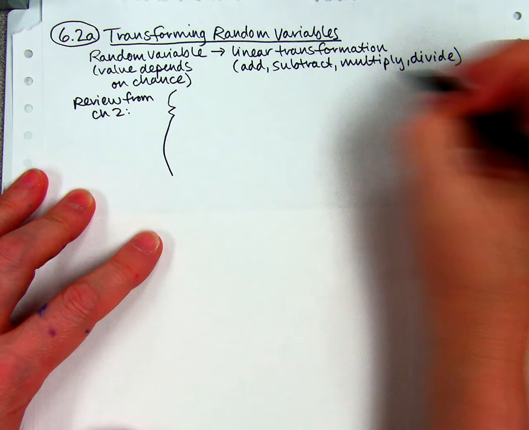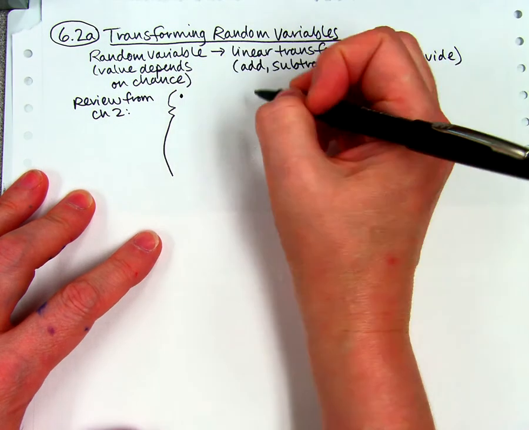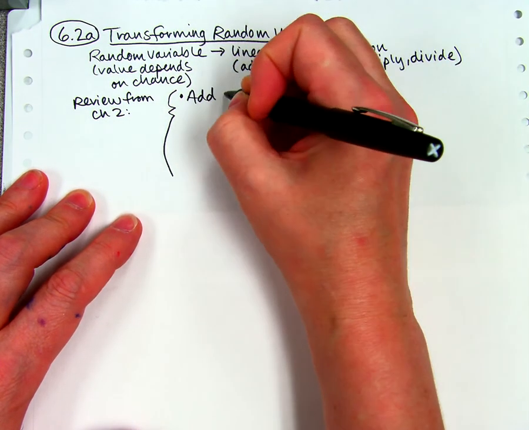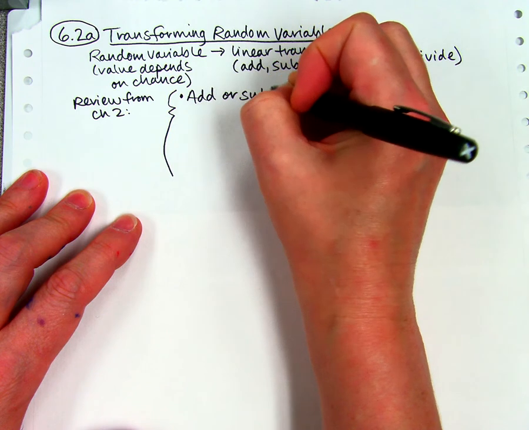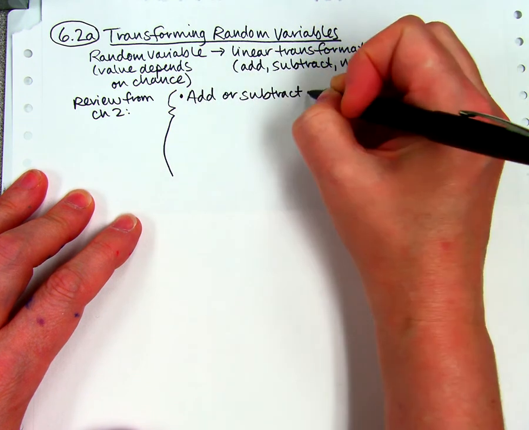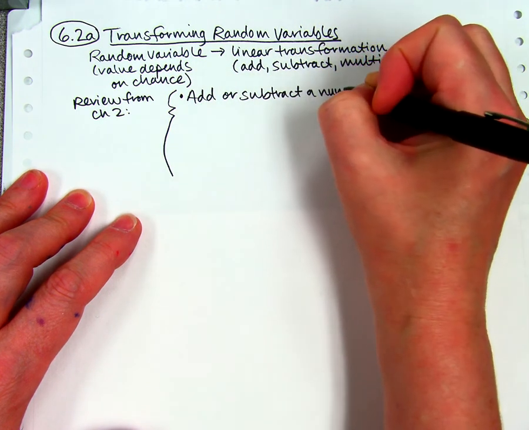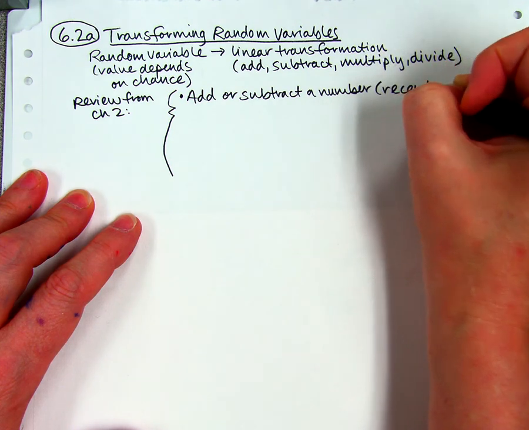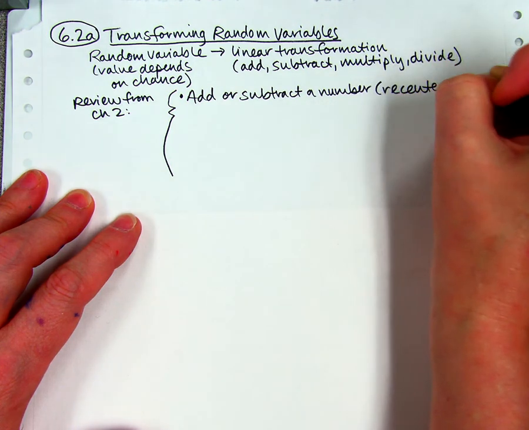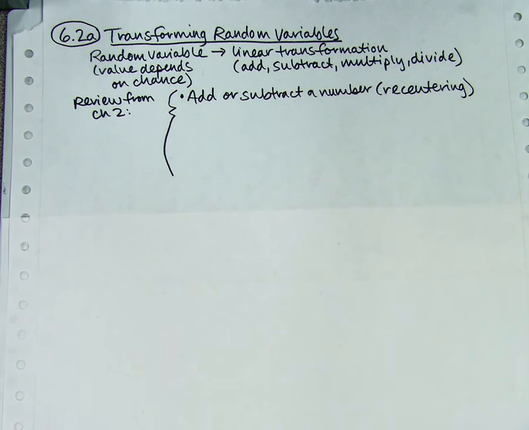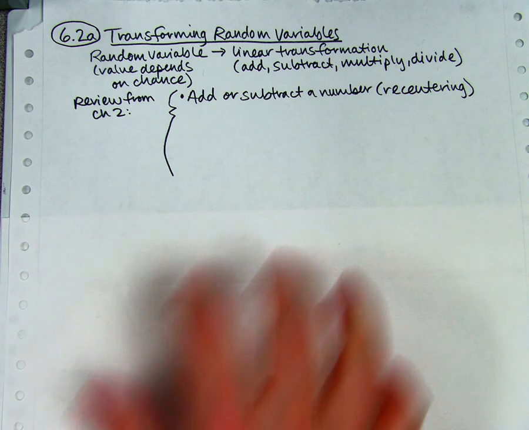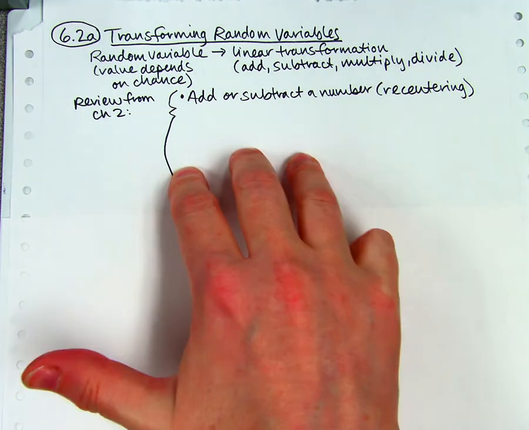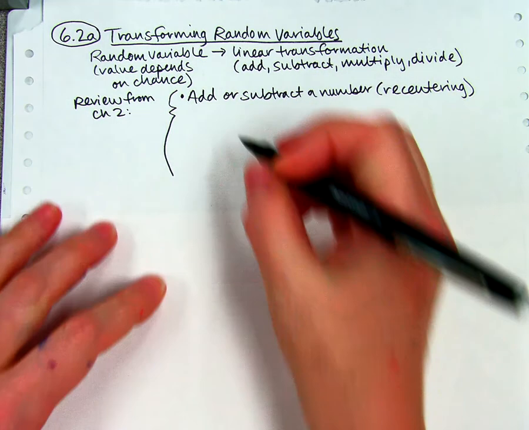So we learned in Chapter 2 that if you take a data set and you add or subtract something, specifically a number, that's called recentering. And remember we talked about it takes the data set and let's say here's your 3 points and it just slides them over or slides them back, and it does not change the shape or the spread.